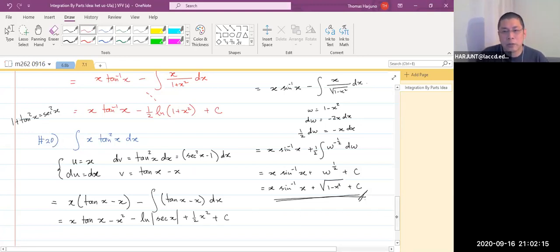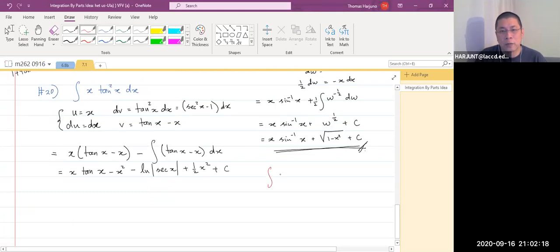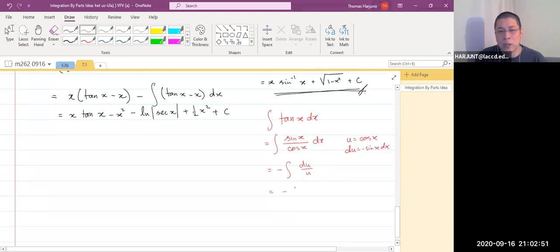Let me do it aside here. What is the integral of tangent x? Integral of tangent x dx equals integral of sine x over cosine x dx. If my u equals cosine x, then my du is negative sine x dx. So this is negative integral du over u, which is negative natural log of absolute u plus constant.